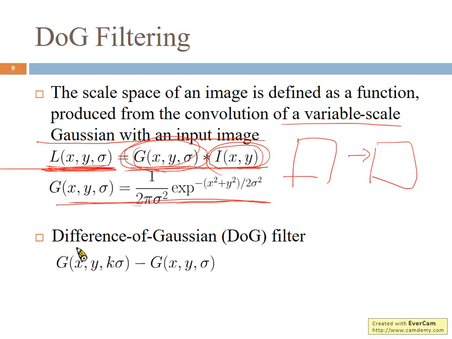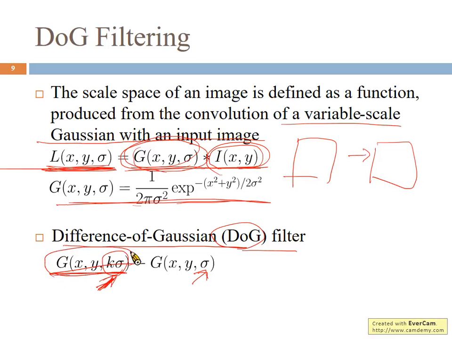The so-called difference of Gaussian, or DOG filter, means that we can apply the Gaussian kernel with different parameters, especially the standard deviation parameter. If we apply a Gaussian with higher standard deviation, the resultant image will be more blurred.